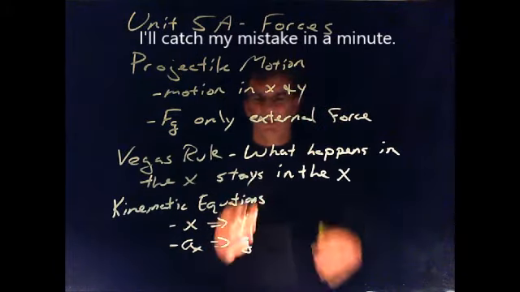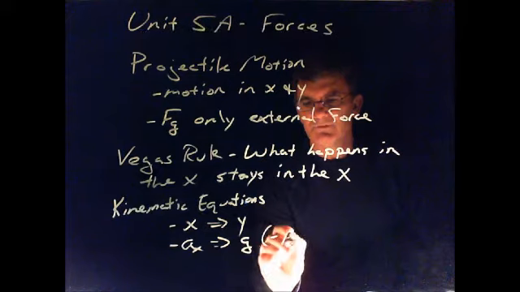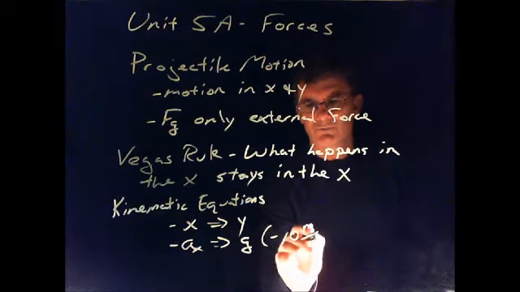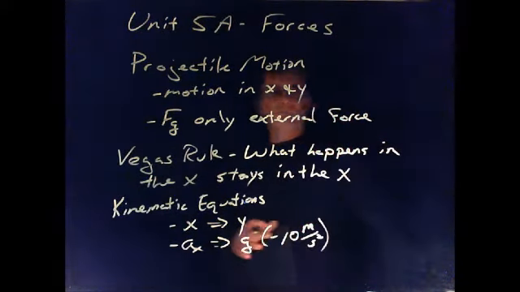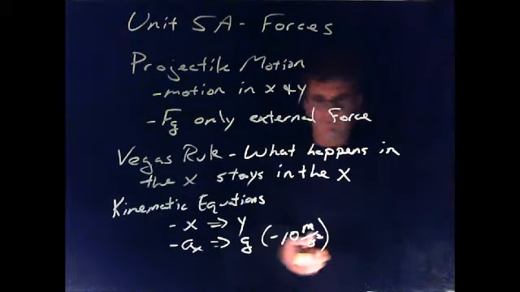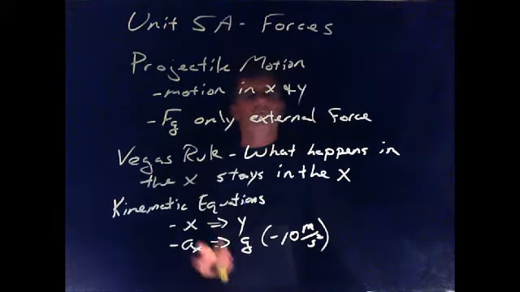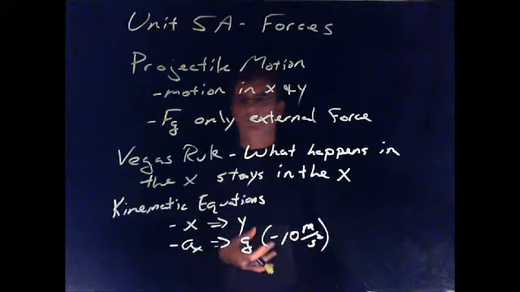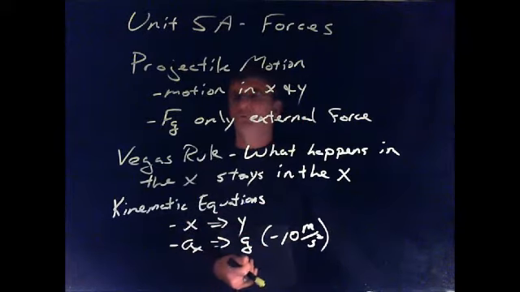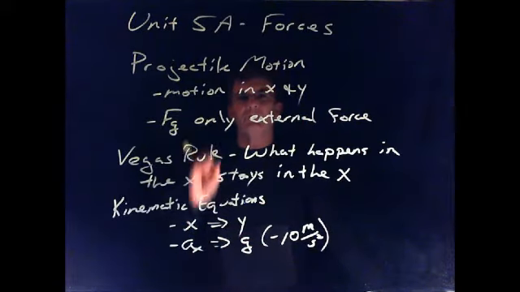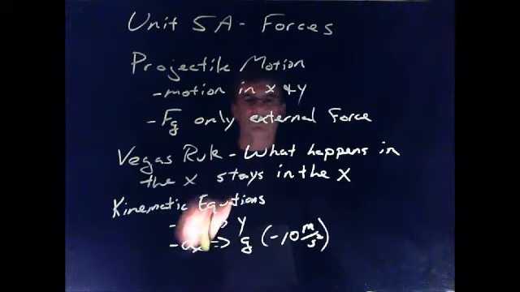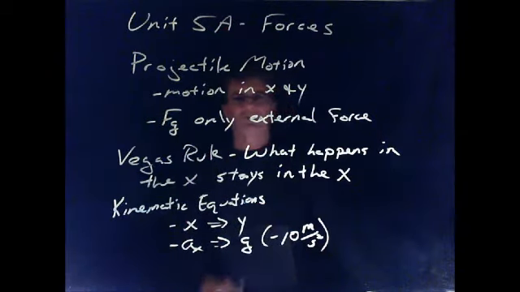Now I use, and I want the kids to use, -10 meters per second squared. They sometimes get confused with this value of g. When do you use -10 meters per second squared? When do you use 10? My basic rule to them is, if you're using the kinematic equations, it's -10 meters per second squared because g is a vector.